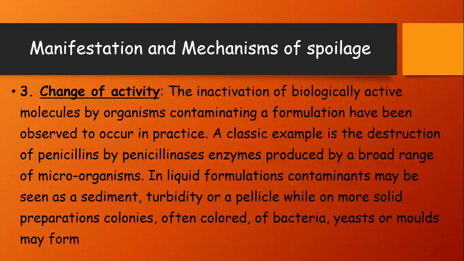Change of activity. The change of activity in terms of manifestation of spoilage is that these substances can alter the potency of the products. Change of activity is seen as a classical way of describing the penicillin drugs, the beta-lactam drugs which we talked about, which can be inactivated by beta-lactamase.